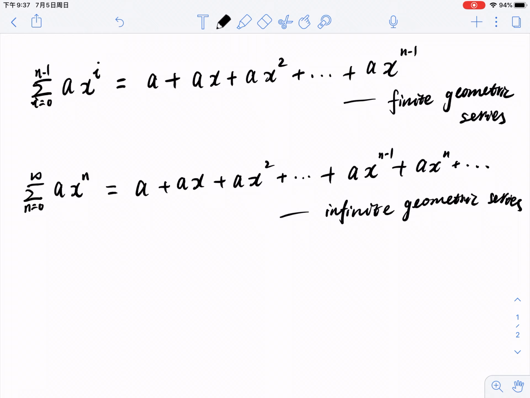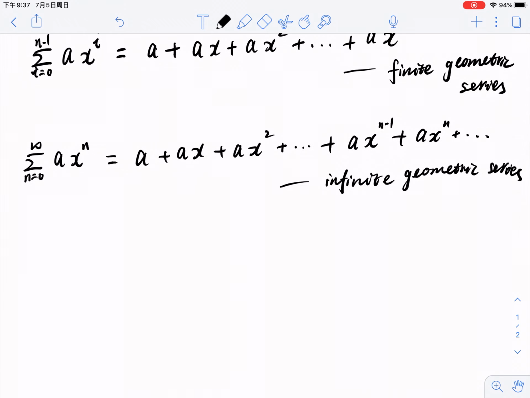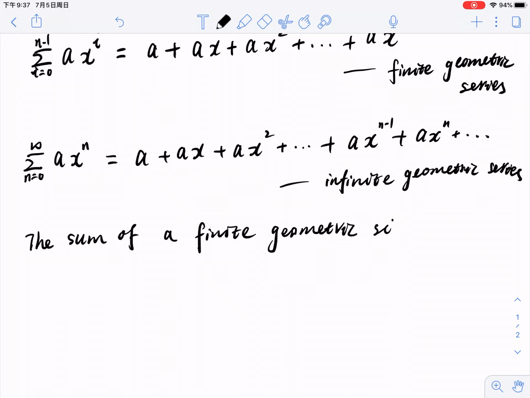The sum of a finite geometric series is given by S n, the sum of the first n terms.